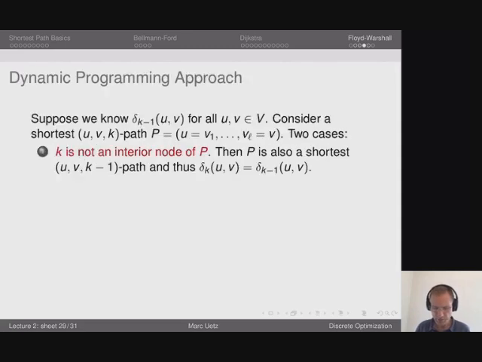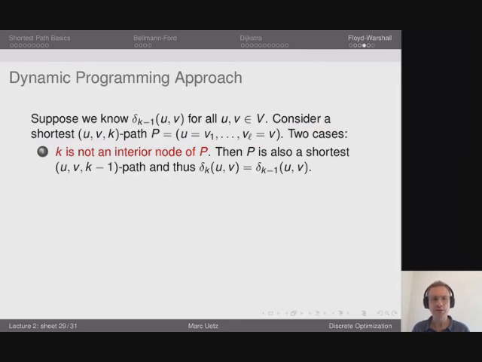Let's see how that works. Suppose we know, and we have already computed, all these delta k minus 1 values. So that is shortest path distances with the restriction that interior nodes are only allowed from the subset 1 up to k minus 1. So let us consider an arbitrary shortest path from u to v restricted to the subset of nodes 1 up to k.